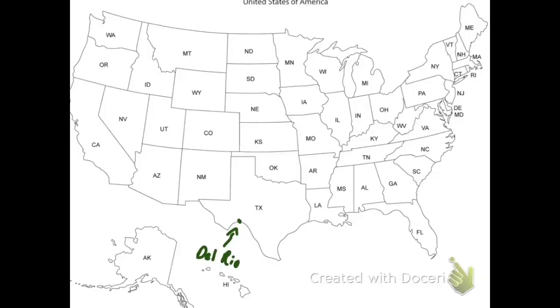So to show how these symbols work on a weather map, it's like this. So I marked Del Rio down there on our map. Now, say we're going to have a cold front coming in the next 24 hours. So what the weather map would look like is, depending on which direction the cold front's coming from, let's say from the northwest, it would be like that, an arc with the icicle triangles pointing to the direction that the cold front is moving.